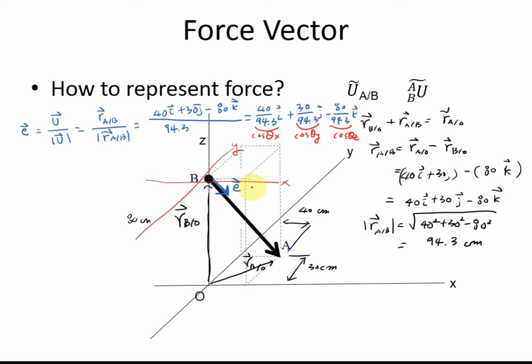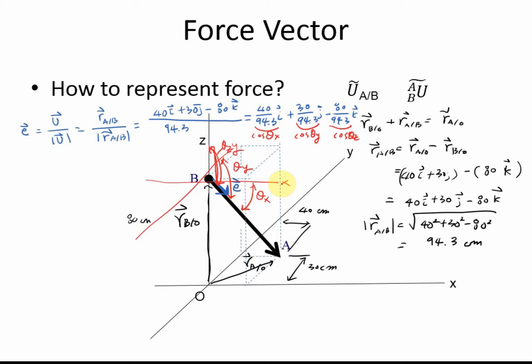Then x is from here to here, so this one should be theta x. And then the angle between y and this vector is theta y. And then theta z is the angle between the z direction and this vector. So this one should be theta z.